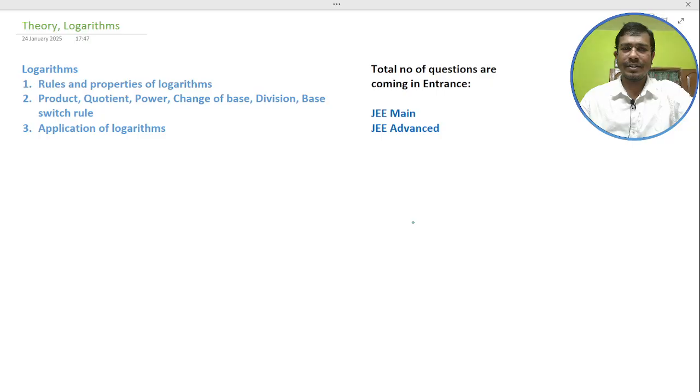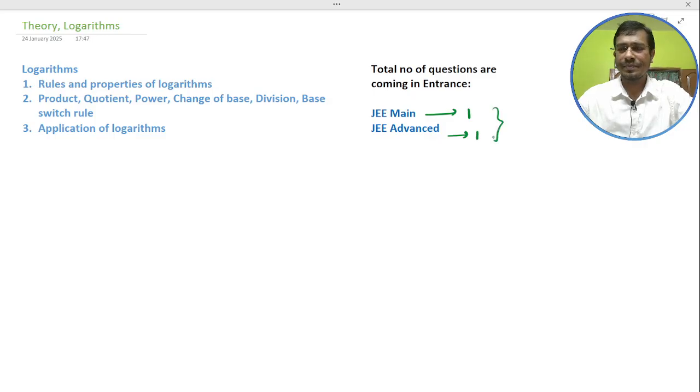Earlier it was a chapter in the JEE Main and Advanced, but now it is not basically a chapter. I think this formula and the important properties are very useful for JEE Main and Advanced Mathematics. Perhaps about one question comes in JEE Main and JEE Advanced.